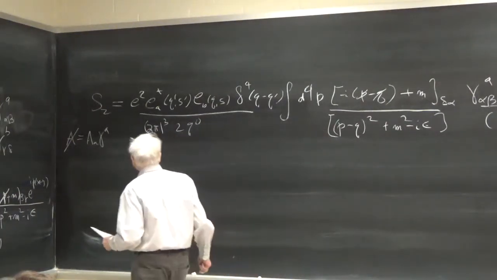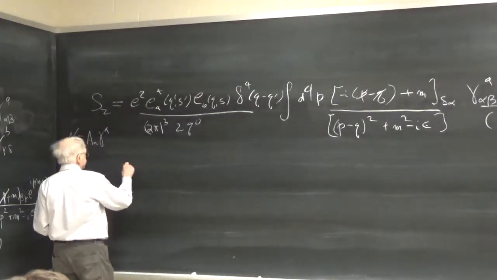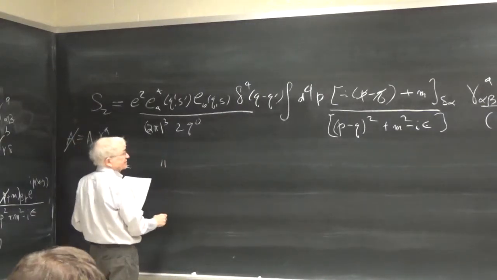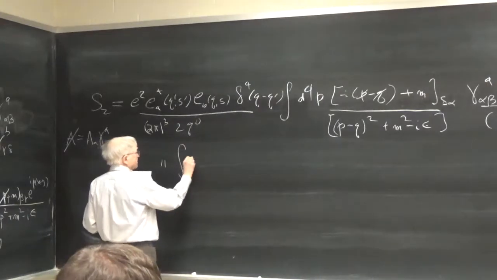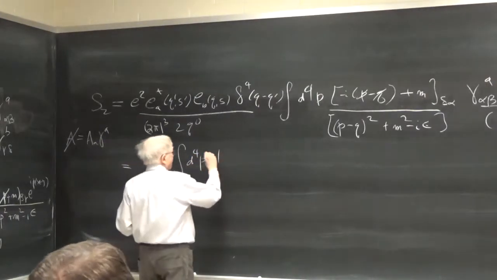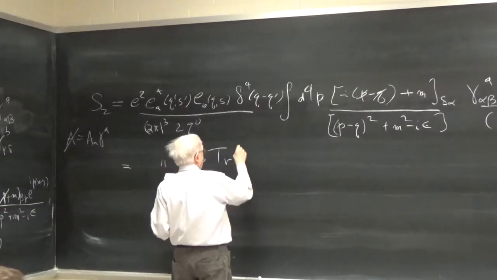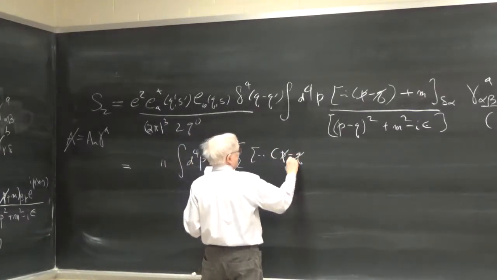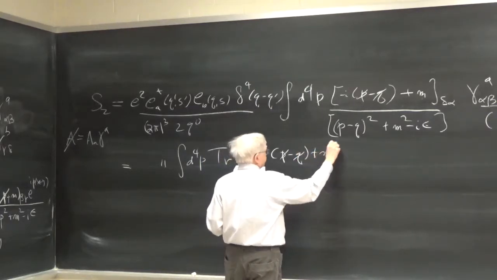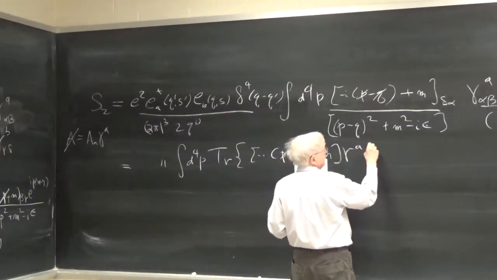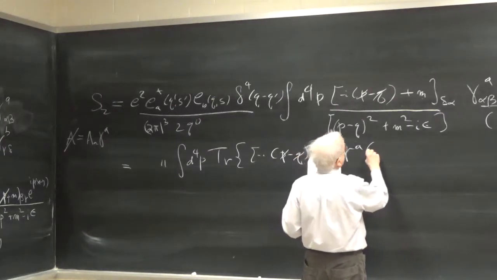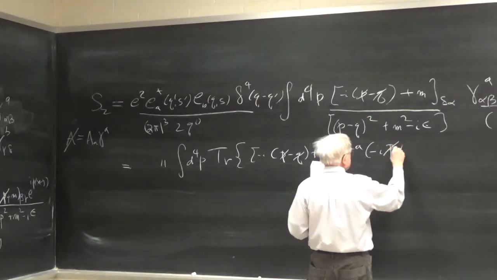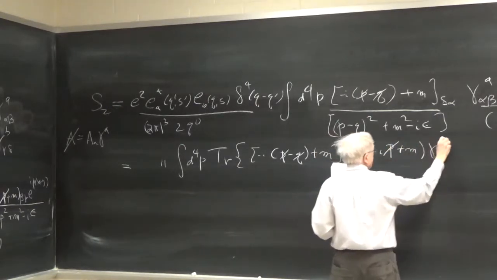So this thing is equal to, let me just say the same thing, integral d fourth p, trace of minus i p slash minus q slash plus m gamma a, minus i, let me get the signs right, p slash plus m gamma b.